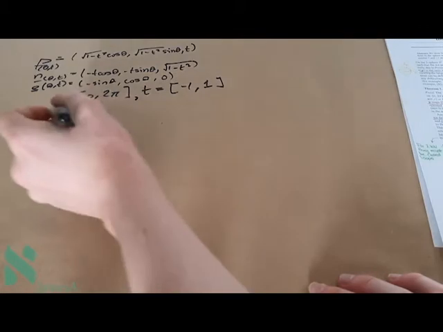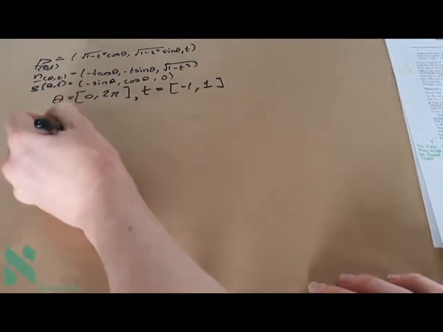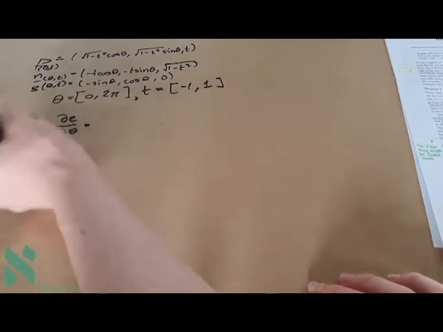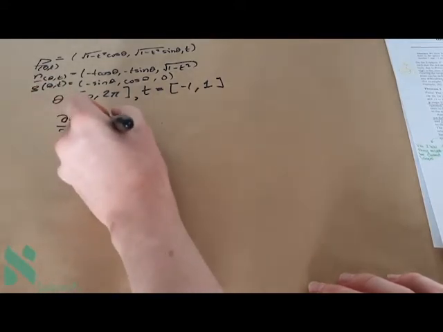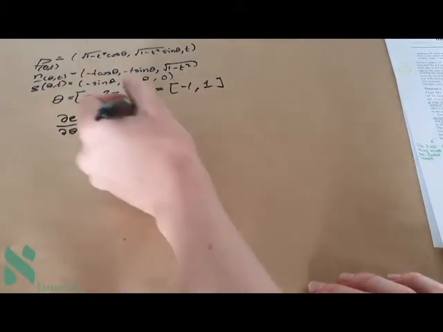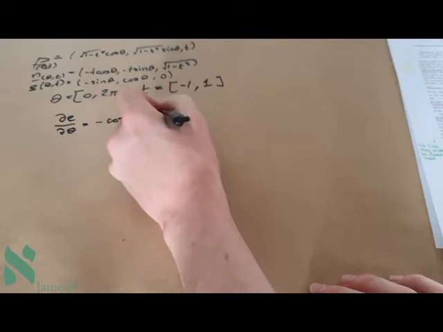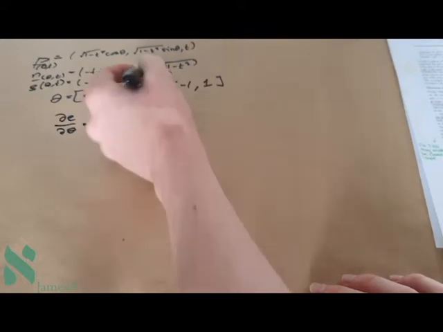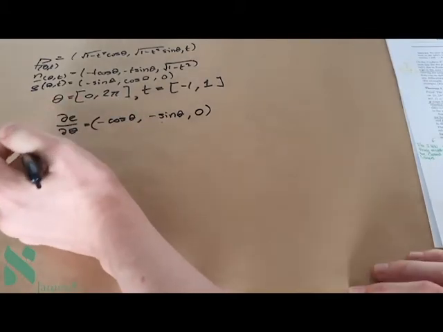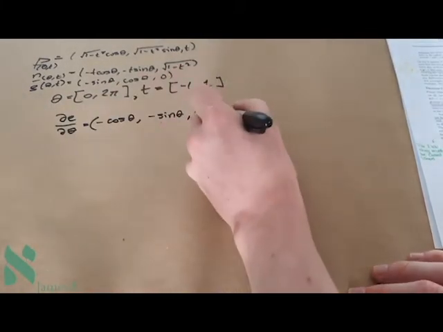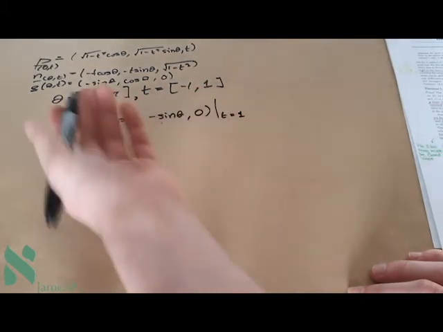Let's take a partial derivative of E with respect to theta. We can see that the partial derivative of E with respect to theta is (-cos theta, -sin theta, 0). If we evaluate that at t is 1, there's no t's there, so that's fine.